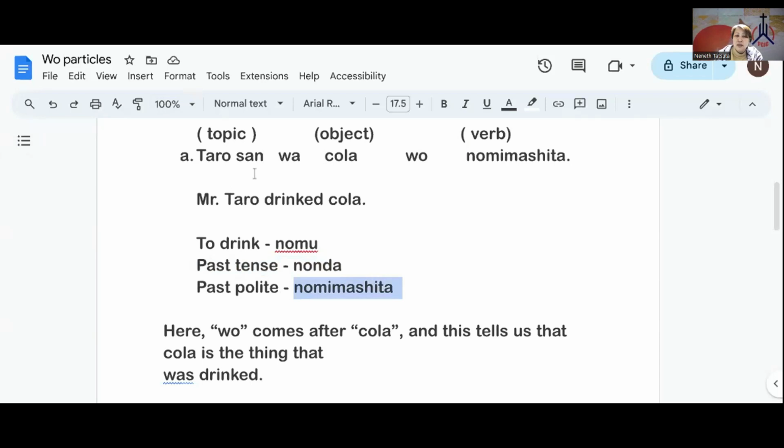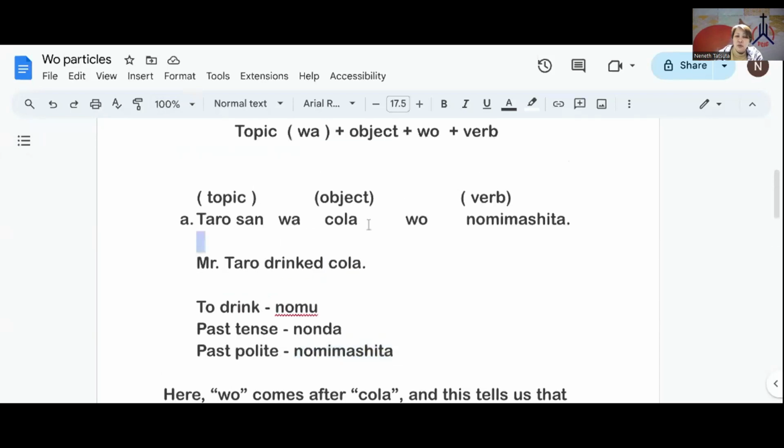So we have the object here, cola. What we are trying to say here is, what did Taro-san drink? What is the object? It's the cola.